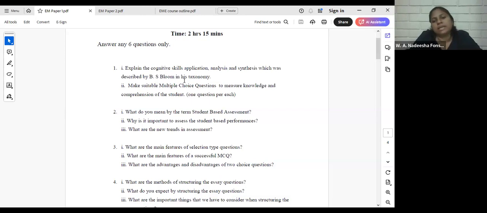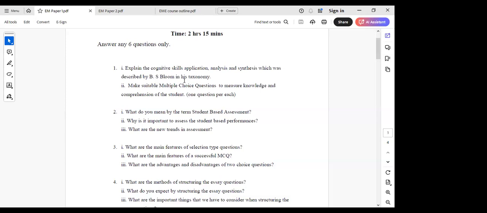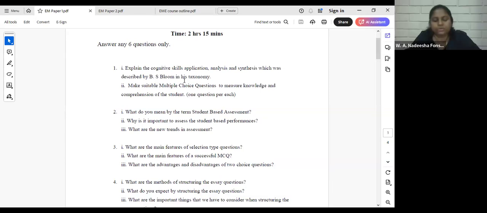Yes. Then what is analysis? Analysis, synthesis, those are opposite to each other. Analysis is breaking into parts and understanding the organizational structure of the parts. Yes, very good.